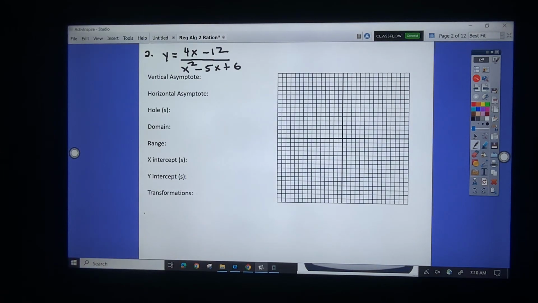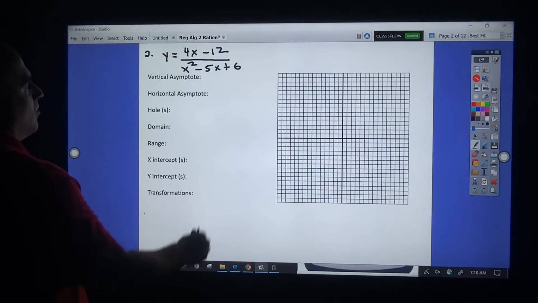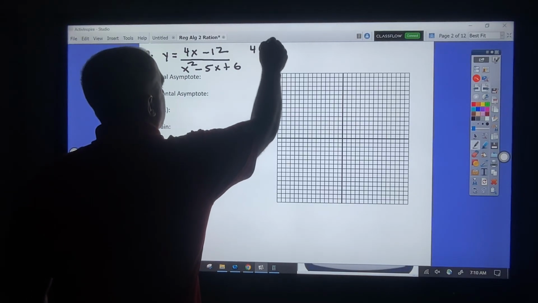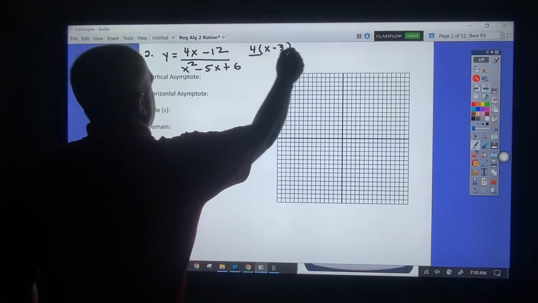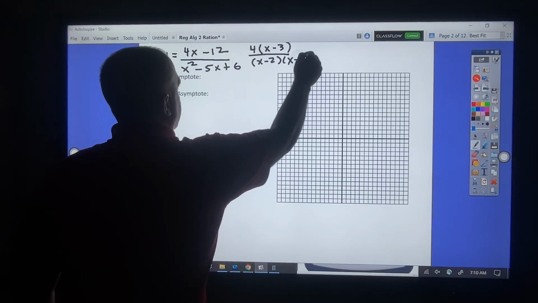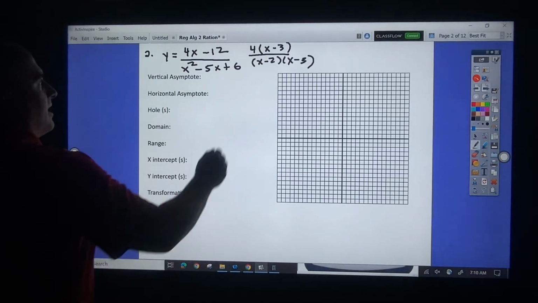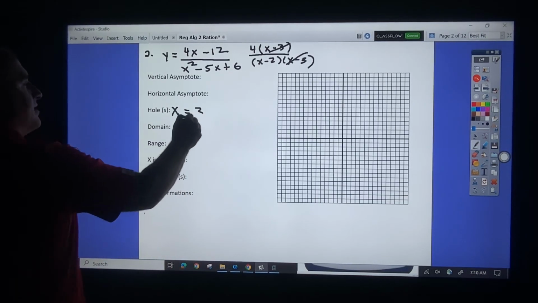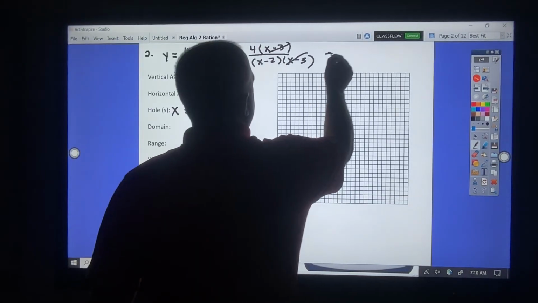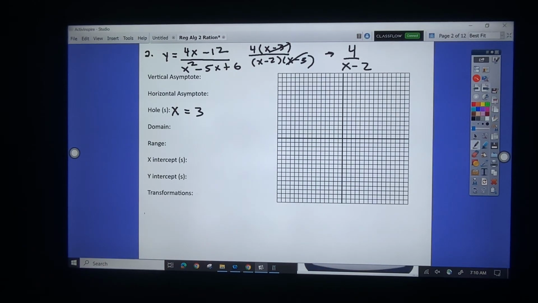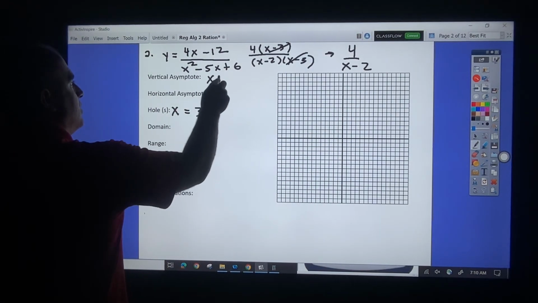Okay, all right. So on this one, what I would do is take out the 4. And then when I factor that, that's (x minus 2)(x minus 3). So I can cross off the x minus 3. So that's my hole at x equals 3, and then what I have is 4 over x minus 2. That's what's left over. My vertical asymptote would be 2.